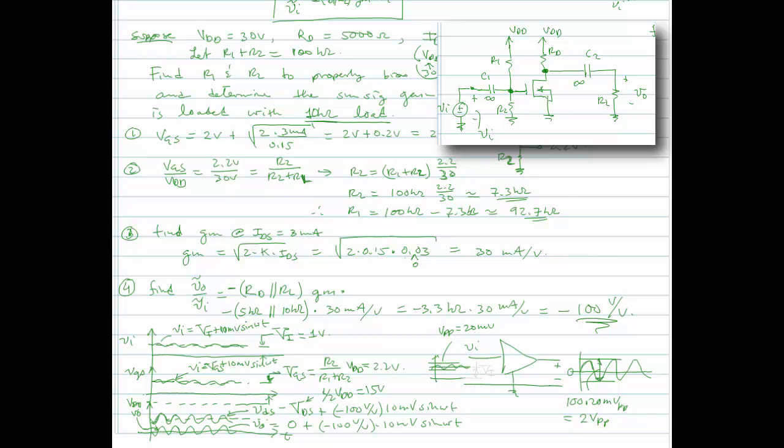And no matter how much offset we put in here at the input, call it big VI, it will not affect the biasing of the amplifier. And so the amplifier will always have a gain of minus 100 regardless of what the DC offset is at VI, because the input decoupling capacitor blocks the DC of VI from ever reaching the gate of the transistor.